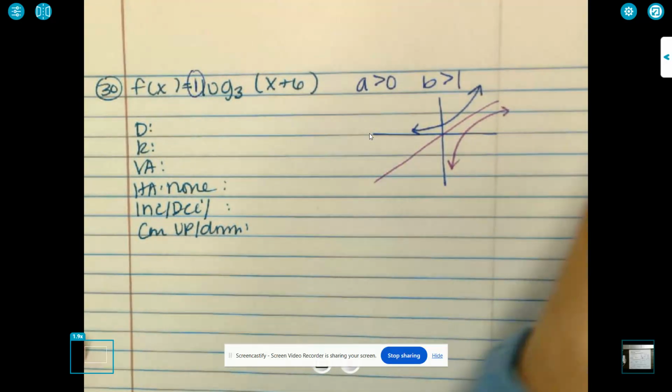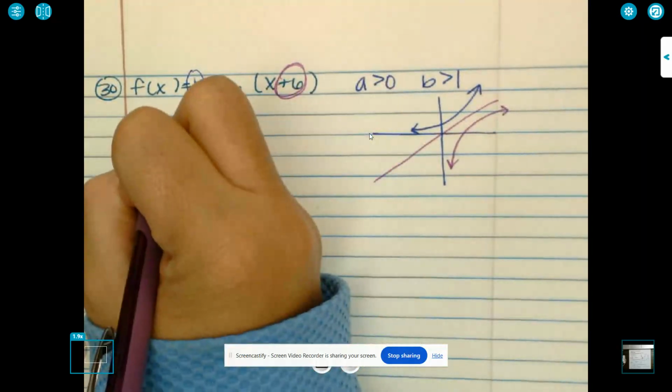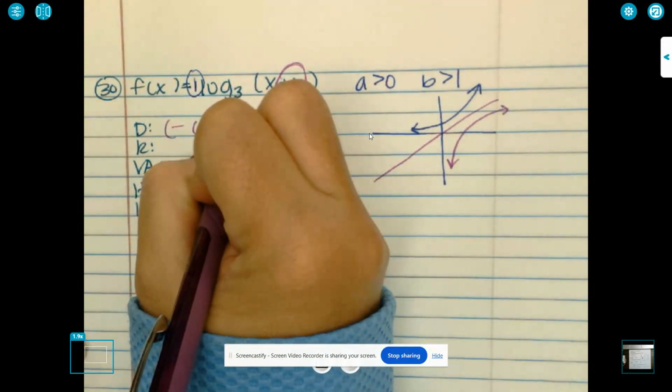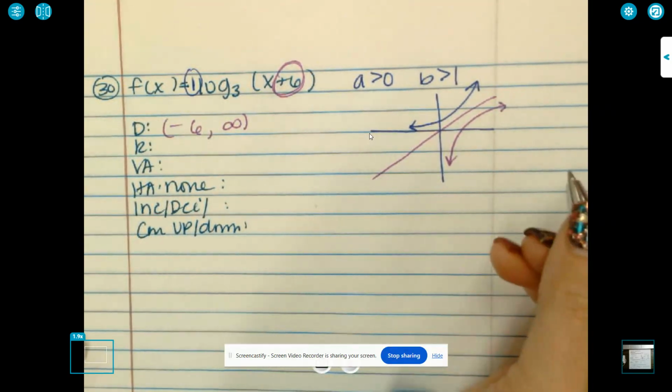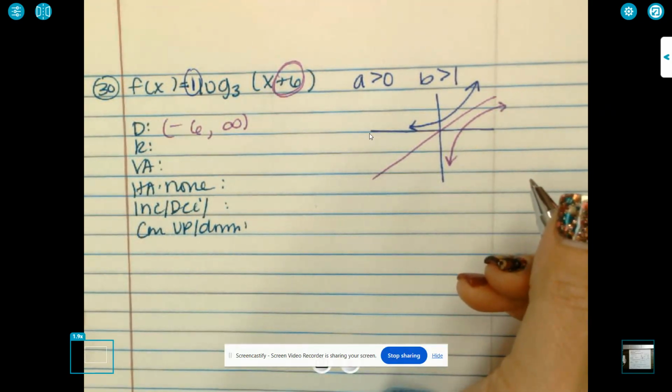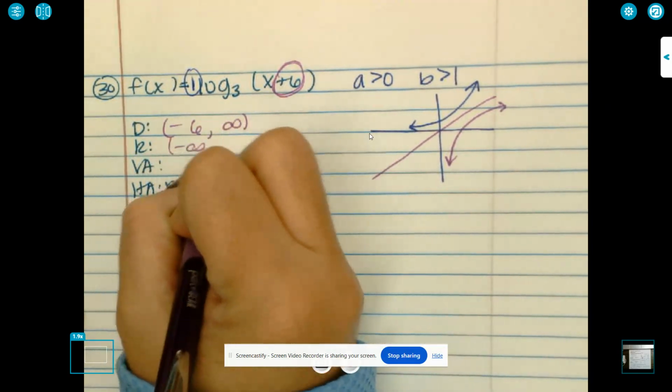All right, so our domain, again, depends on this number right here, so it's going to go from -6 to infinity. And then our range would be negative infinity to infinity.